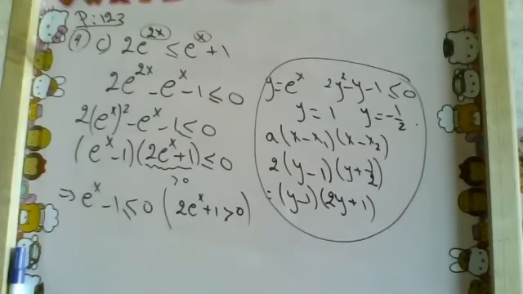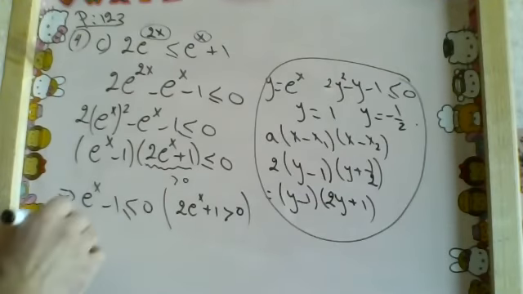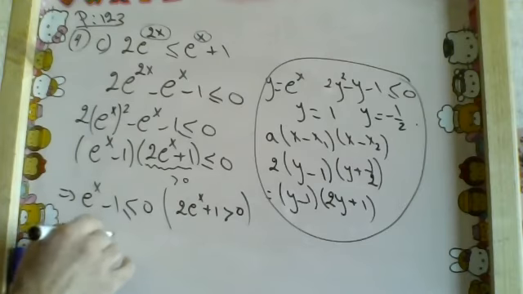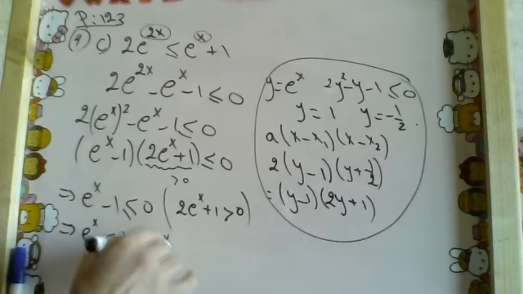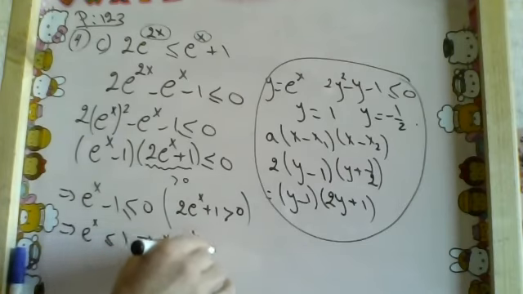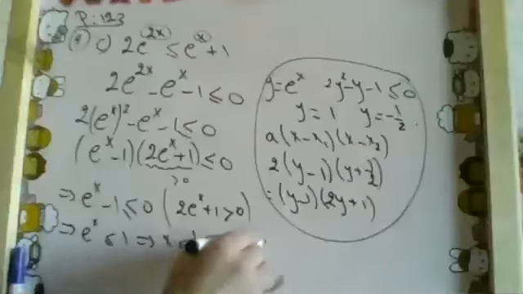Now we are back to part A. Move 1 to the right side. Then e power x less than or equal to 1, and then x is less than or equal to ln 1. And so x is less than or equal to 0.